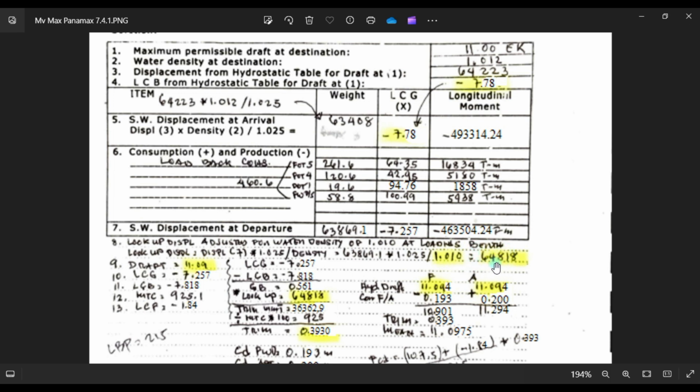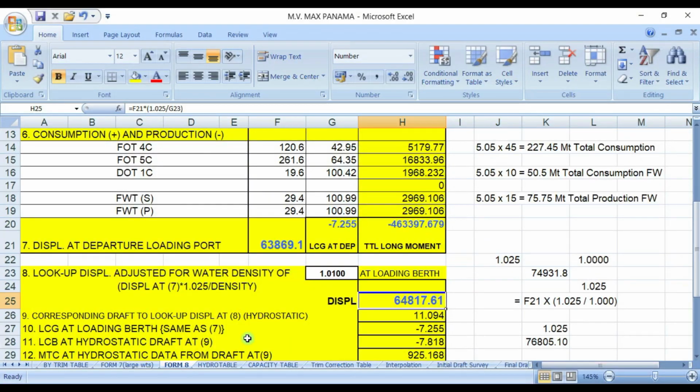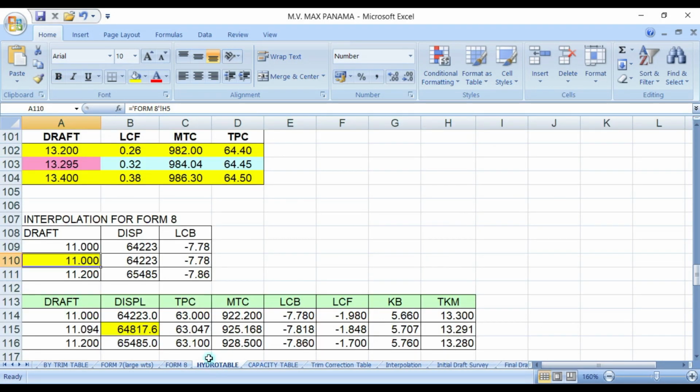Now, what is the corresponding draft of the 64818 metric tons? So we check this one. There's the table. This corresponding value is almost 64818.